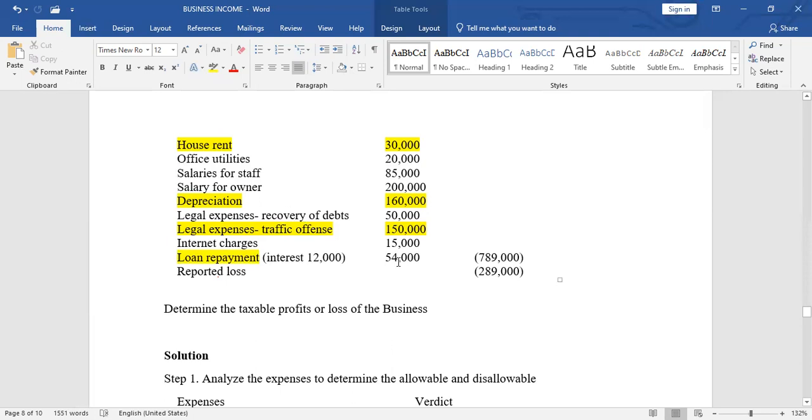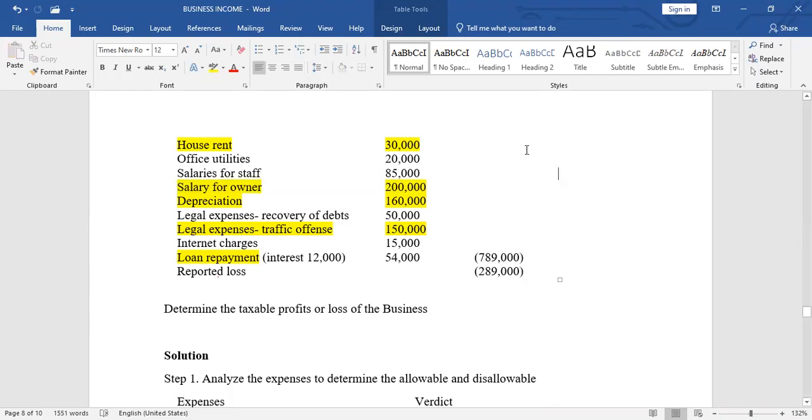Less 12 from 54, which would be 42. And the other one that is not allowable is the salary to owner. When you own a business and you pay yourself a salary, it's not an operating expense. We don't take it as such.